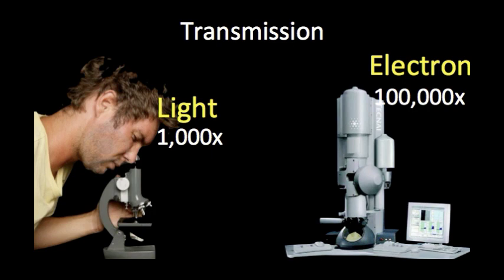What these two microscopes have in common, though, is that they are transmission. In other words, you need to cut a very thin slice of a tissue or cells, and then the light for a light microscope and electrons for an electron microscope pass through the tissue and you visualize it from the other side. So these are called transmission microscopes.